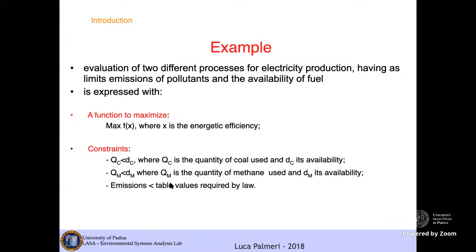Emissions should be lower than table values required by law, for example, in Italy, 152/2006. So you see here we have several criteria: a function to maximize, for example the energetic efficiency, or some constraints that are linked to the availability of fuel or to limits to the emissions.